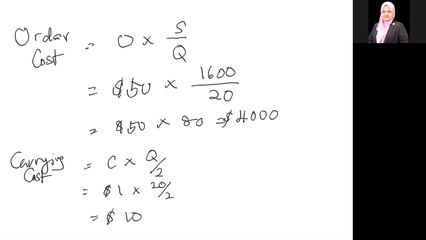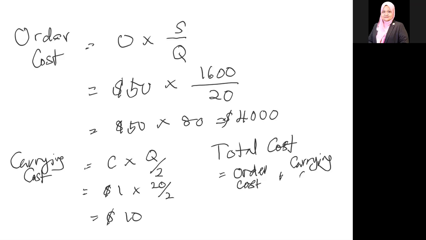Now we want to know how much is the total cost of this transaction. So it is order cost plus carrying cost. So it is 4,000 plus 10, then the answer is $4,010.